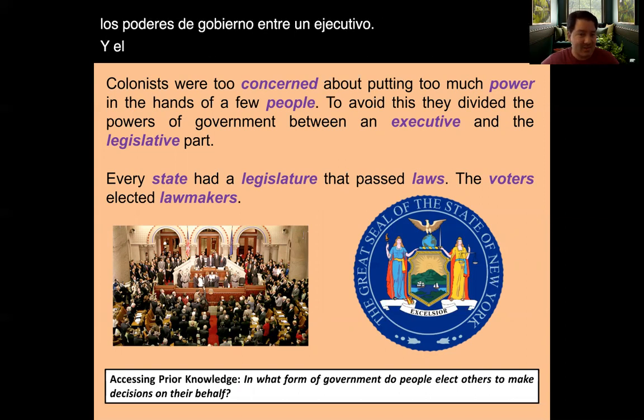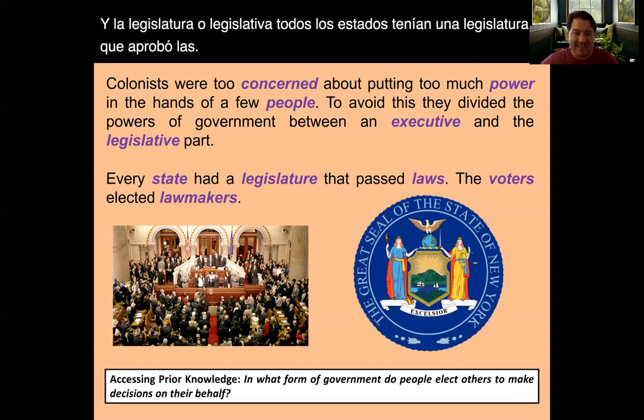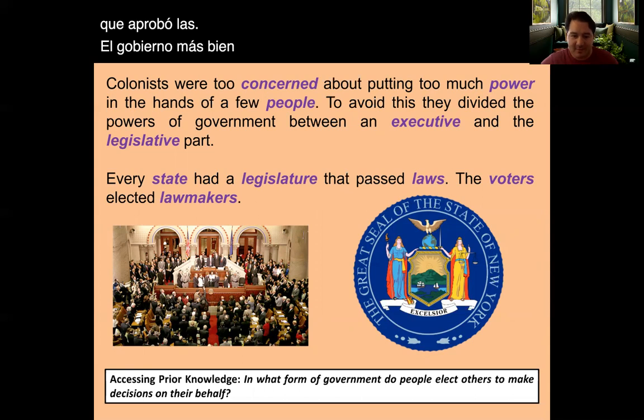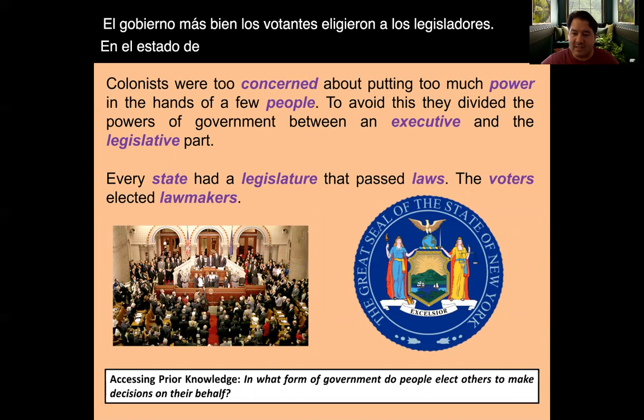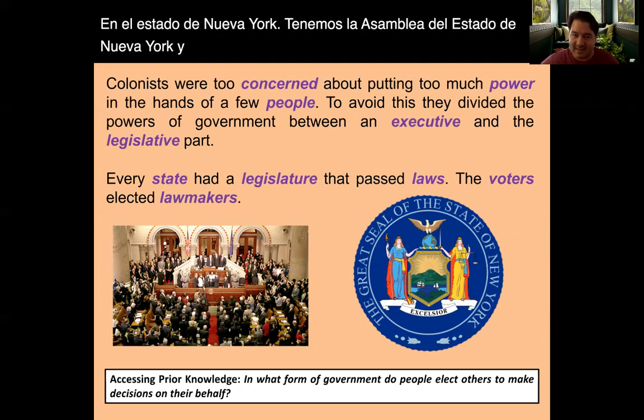Every state had a legislature that passed laws. The voters elected lawmakers. In New York State, we have the New York State Assembly and the New York State Senate.